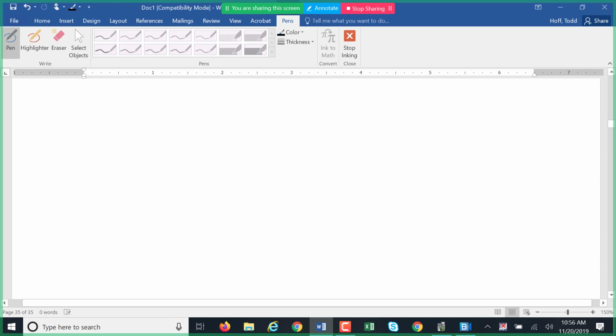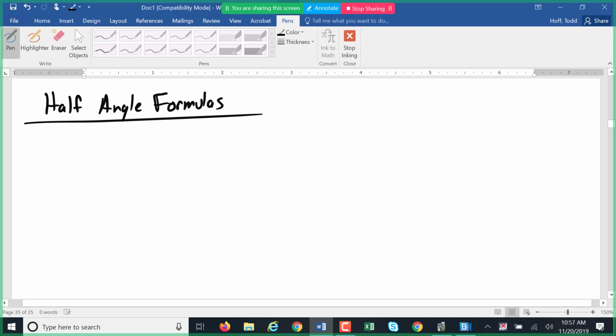Okay, so some other angle equivalencies that we need to be aware of. There are half angle equivalencies. So if I'm cutting an angle in half, the sine of theta over 2 is equal to positive or negative square root of 1 minus the cosine of theta all over 2.